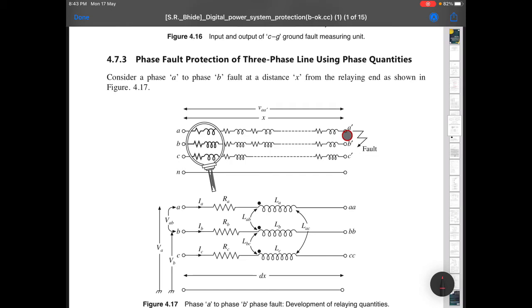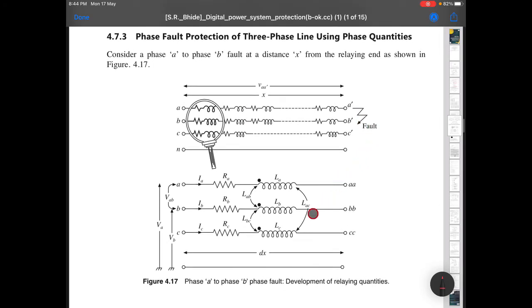Phase fault means between phase to phase, that is between A to B or B to C or A to C. Here is a condition where they have considered a fault between phase A and B at a distance x from the measuring point or relaying end. Here you have your CTs and PTs and relays. From there, at a distance x, they are assuming that there is a fault between A and B.